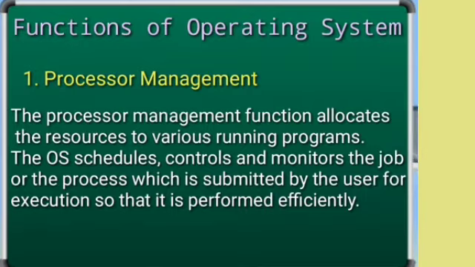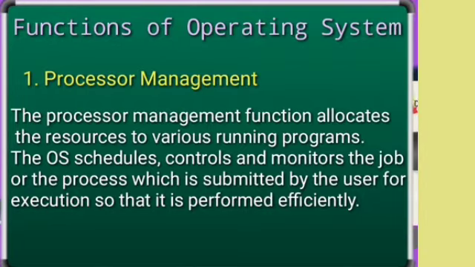Whatever work we are doing, any particular program which is running in the background, is called a process, which is processed by the processor of the computer. Now operating system is responsible for preparing, scheduling and controlling the job which is done by the processor, to perform it more efficiently and accurately in less time.